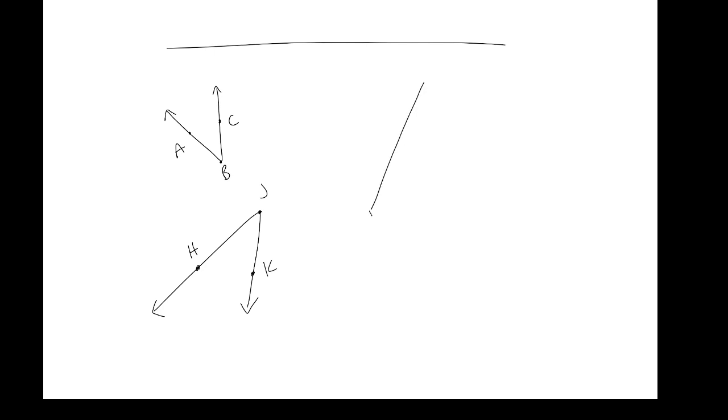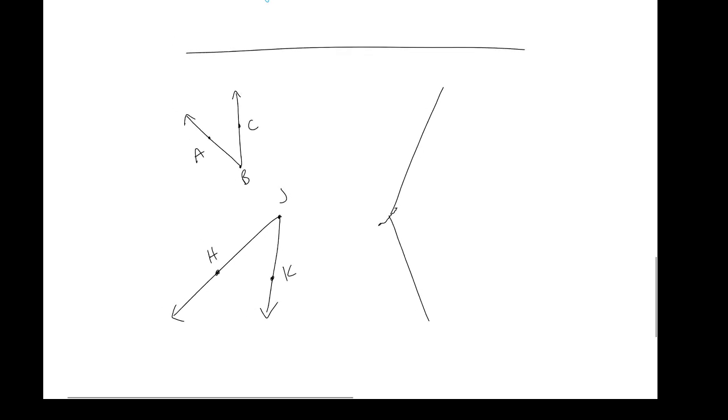Let's discuss some adjacent and some non-adjacent angles. So let's draw this one out here. This is A, B, C. And then we have this one over here, which is H, J, and K. And then another angle right over here.